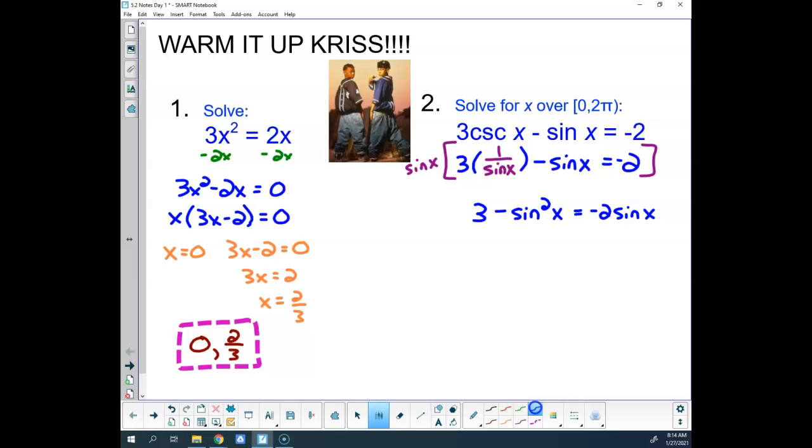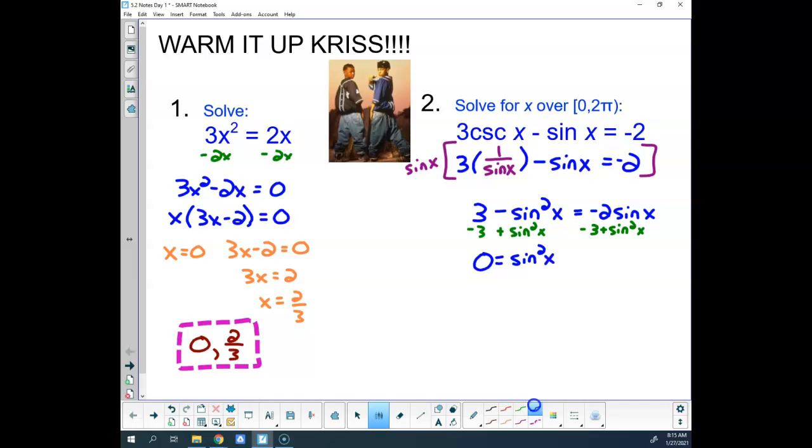Technically, they're the same base function, but one's squared and one is not. So I'm going everything over to the right, because I like positive values on my squared terms. That's going to give me 0 equals.